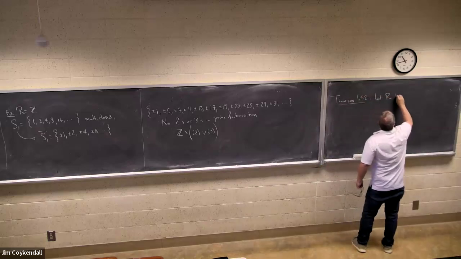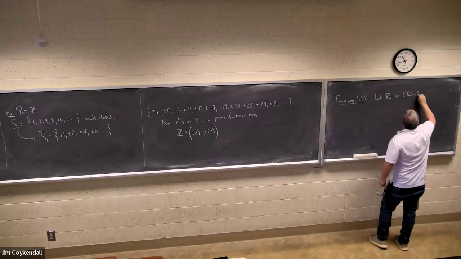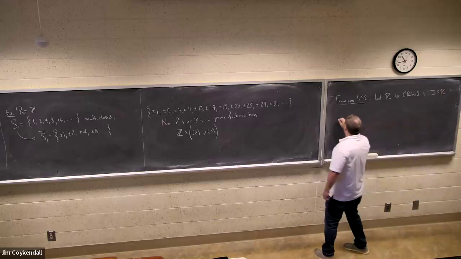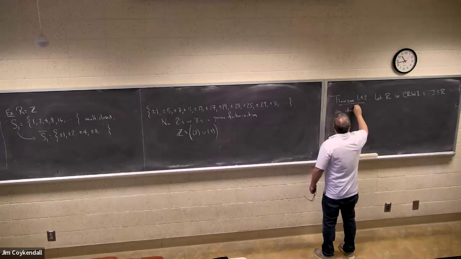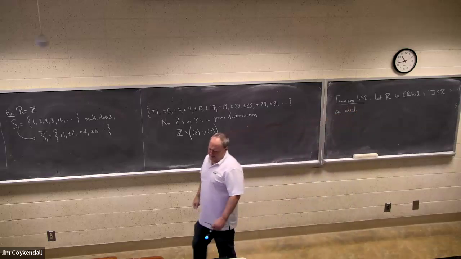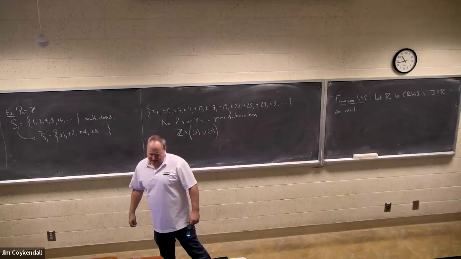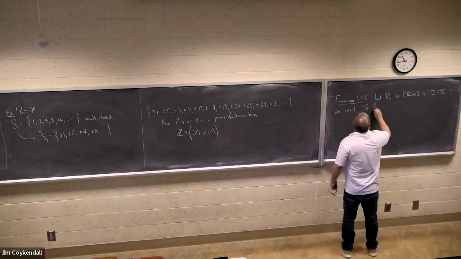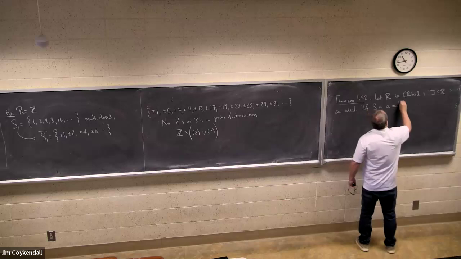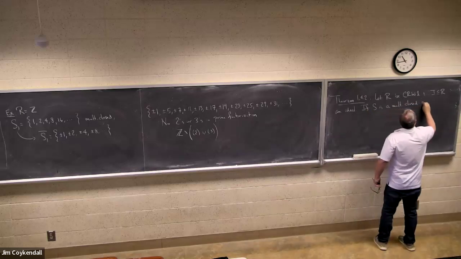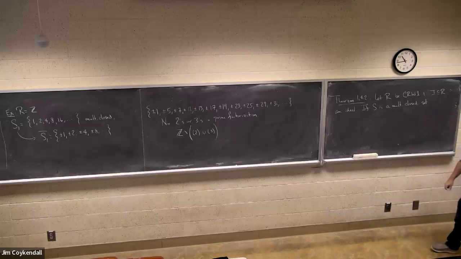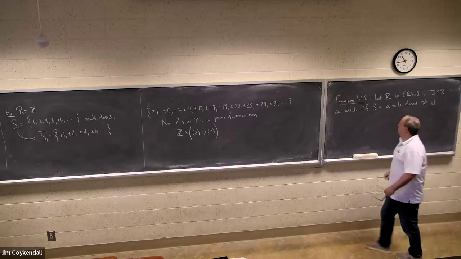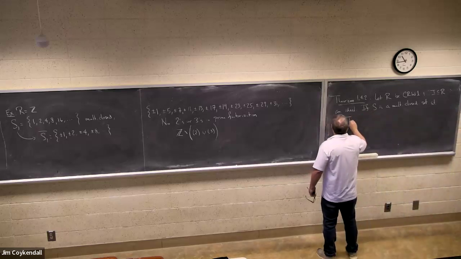Let R be a commutative ring with 1, and I an ideal of R. If S is a multiplicatively closed set, just multiplicatively closed, I don't need saturated or anything, such that S misses this ideal.